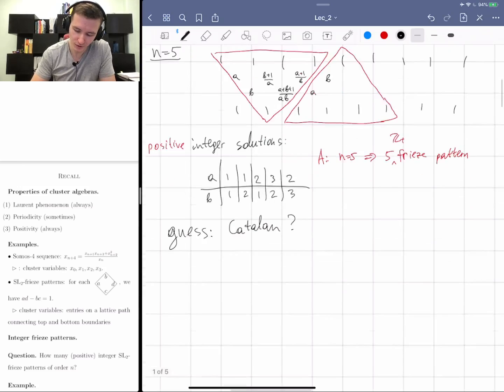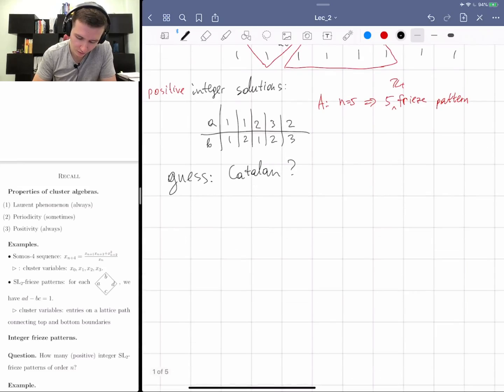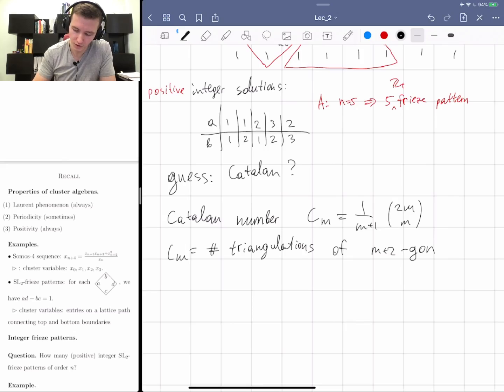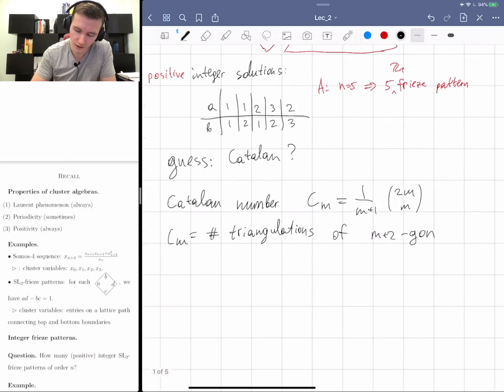Let me remind you that the Catalan number Cm is 1 over m plus 1, 2m choose m, and Cm is the number of triangulations of an m plus 2 gon. So if n is equal to 5, then I can choose a 5 gon.